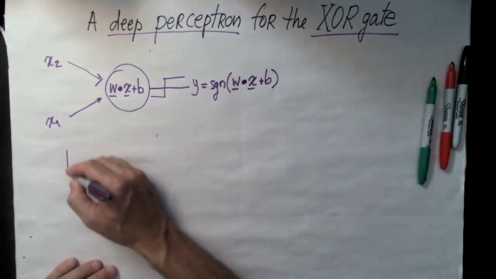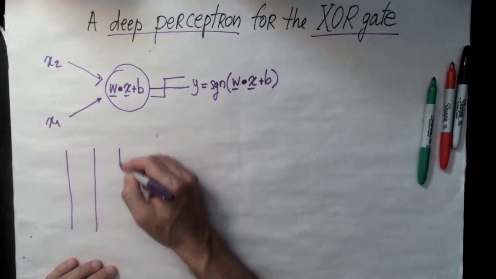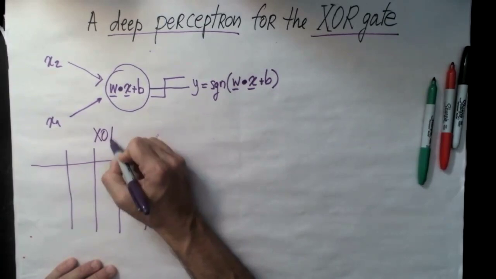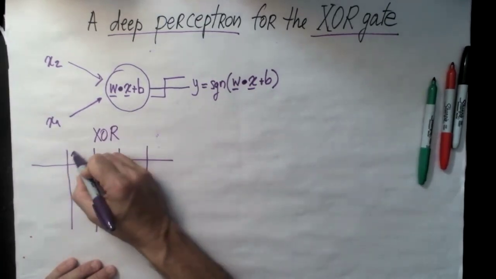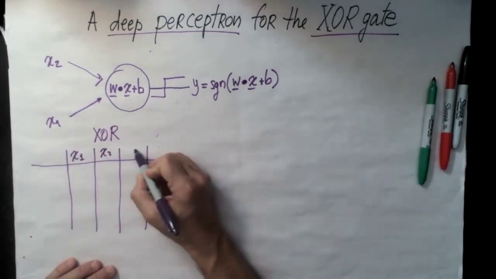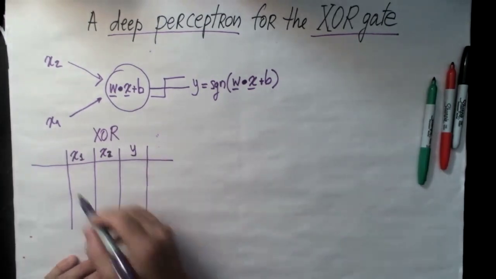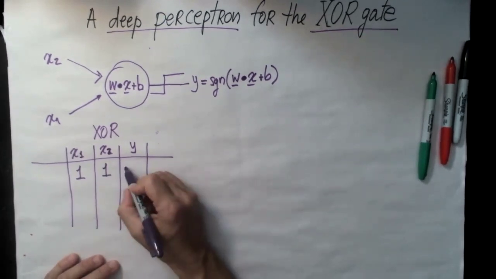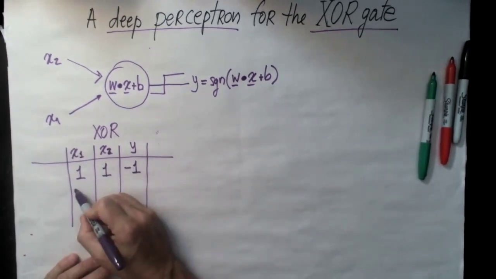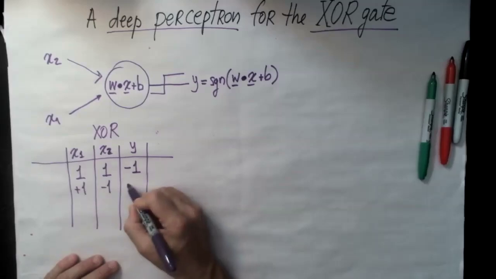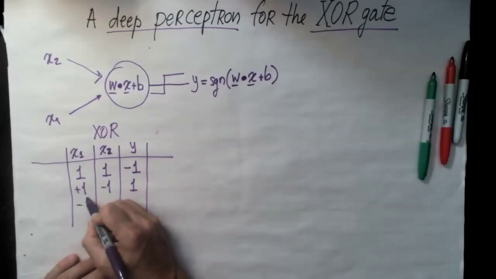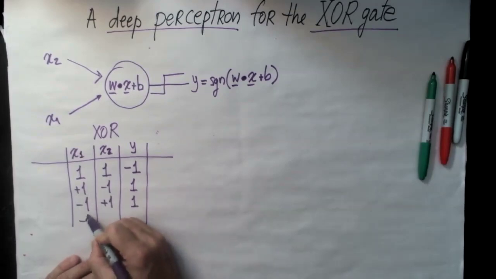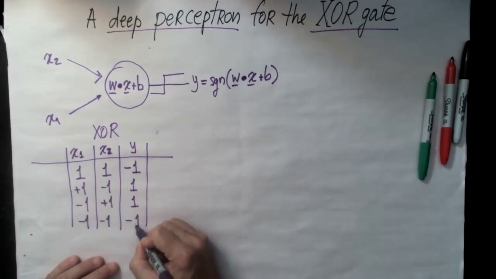let's consider the truth table of XOR, in which we have the inputs and the outputs. So basically, when they're both true, it's going to be -1; +1, -1 is going to be true; -1, +1 is going to be true; and -1, -1 is going to be false.